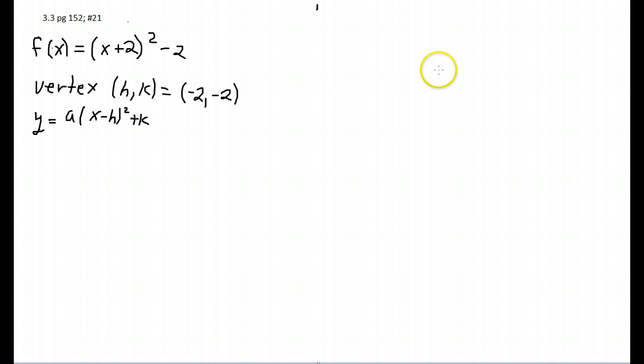So first thing we'll do is we're going to draw our xy axes, y-axis, x-axis.